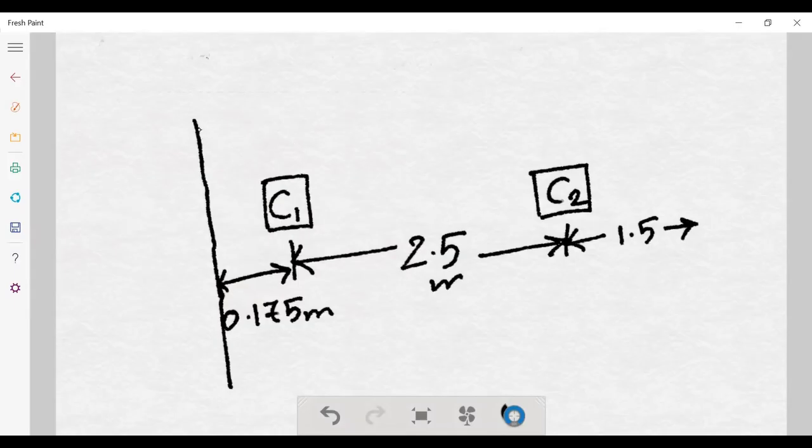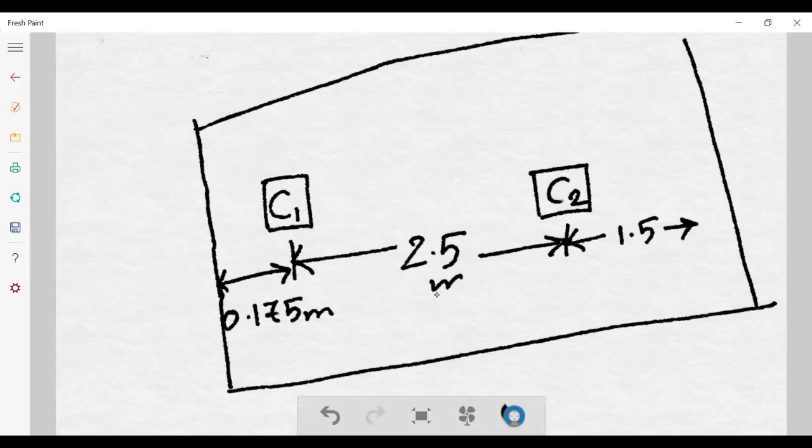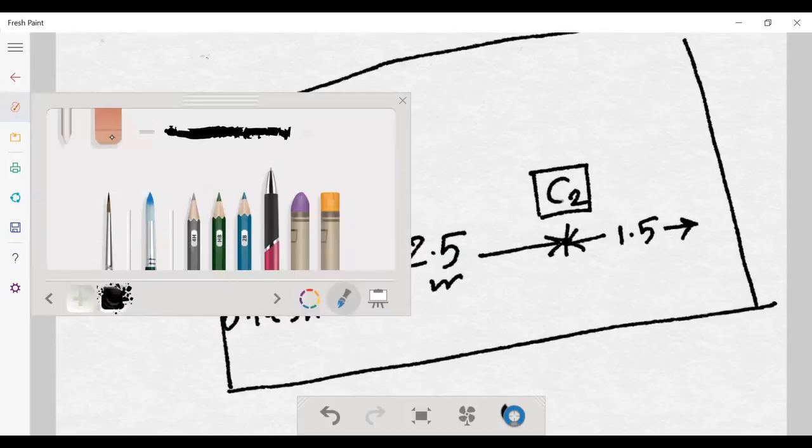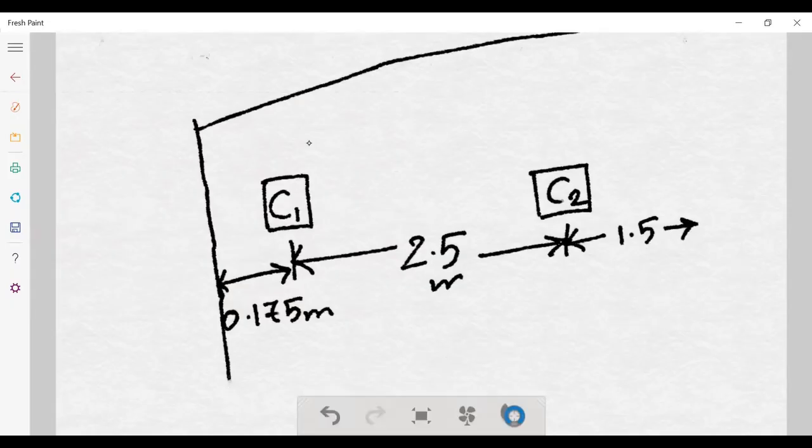Obviously, it will not look like a rectangle, because it is a trapezoidal footing.